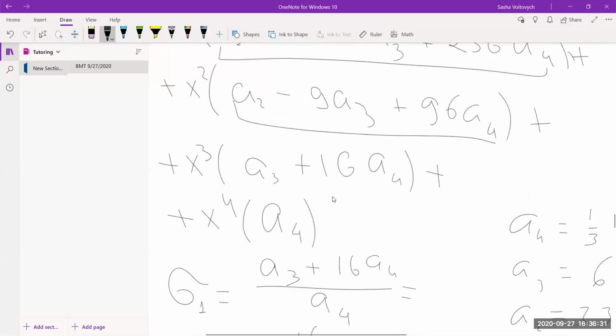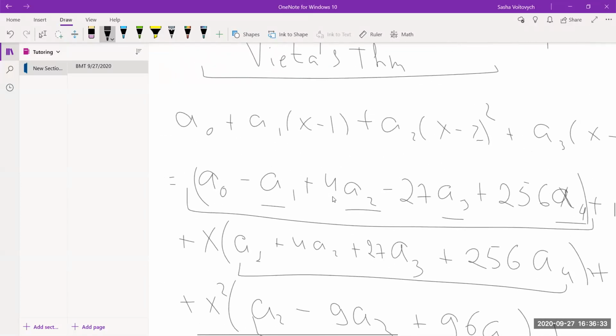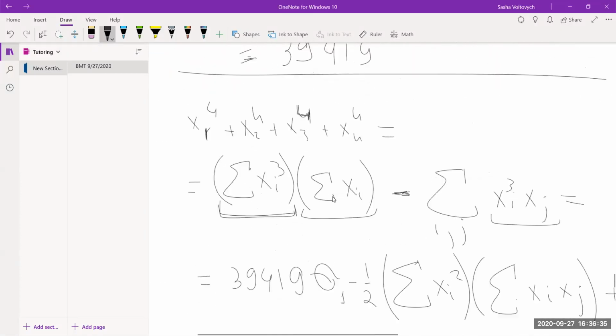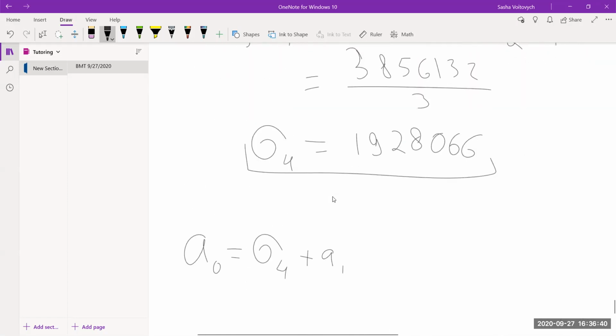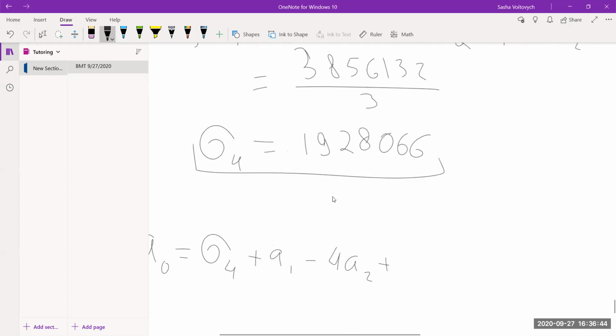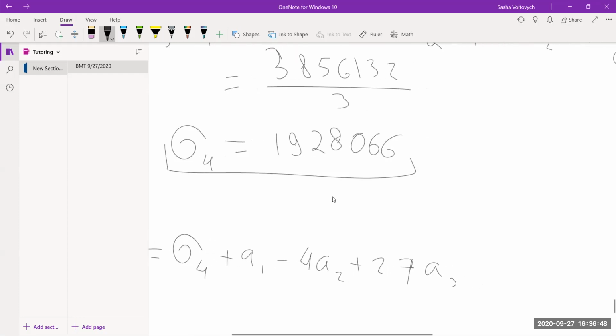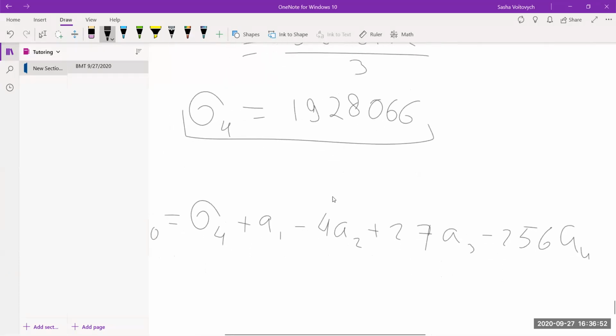Let me just double check something. Yes, so sigma 4 plus A1 minus 4 A2 plus 27 A3 minus 256 A4. All right.